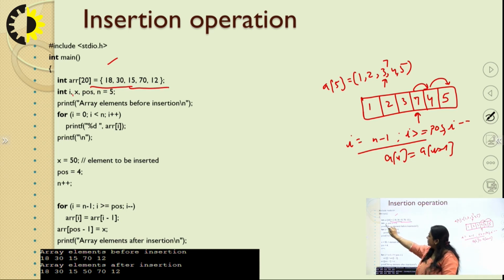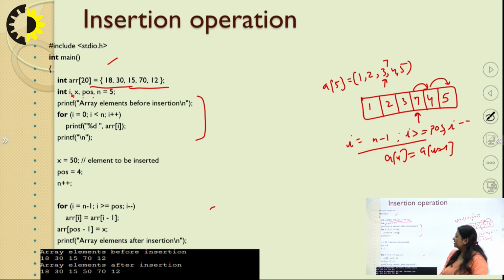Integer variables i, x, position, and at the starting point we take n equal to 5. So first of all we input the elements of the array. Take the for loop for i equal to 0, i less than n, i plus plus, and print the values in the array.